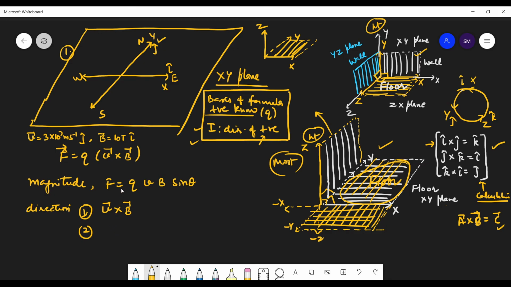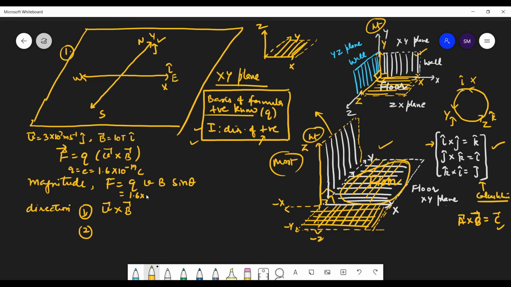So for magnitude, only talk about magnitude. What is Q here? Electron. So what is the charge of the electron? Q equals e. Don't talk about the negative or positive thing while calculating the magnitude. Don't talk about the directions, only the magnitude, so plus charge.